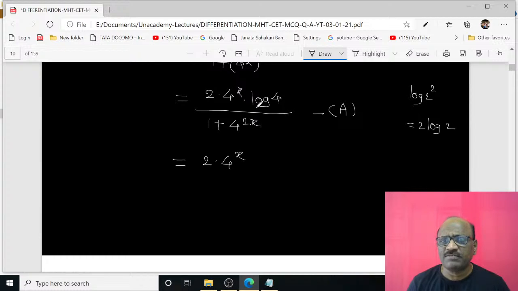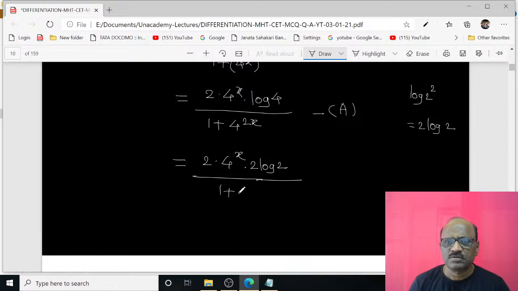Therefore log of 4 can be written as 2 log of 2 upon 1 plus 4 raised to 2x.